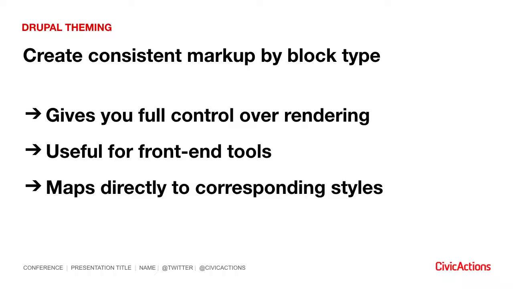But this is really useful when we're looking at other front-end tools like Sass and Compass, that we need that consistency to make sure that we have the right partials or what have you, and Iris will get into that shortly. But basically, having this markup consistent allows us to map directly to specific and corresponding styles.